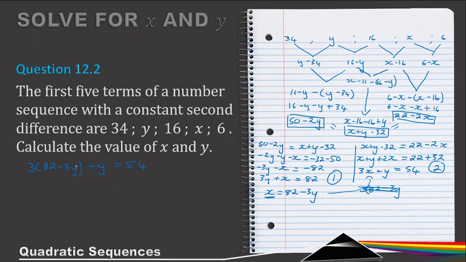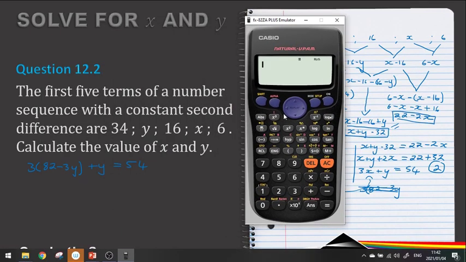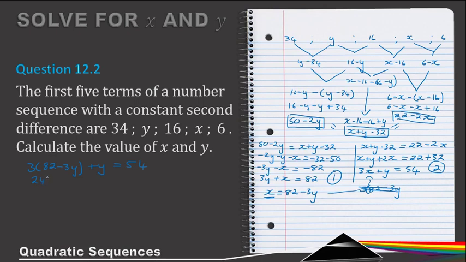Okay, so here we're going to solve for y now. So multiplying in the 3, we get 82 times 3, so that gives us 246 minus 9y plus y equals 54.